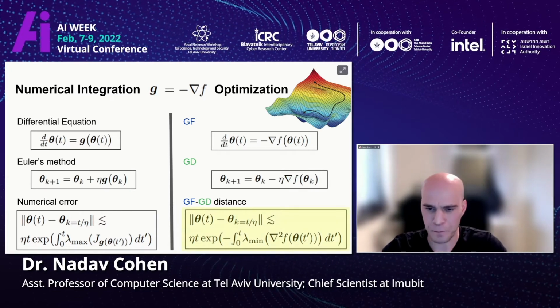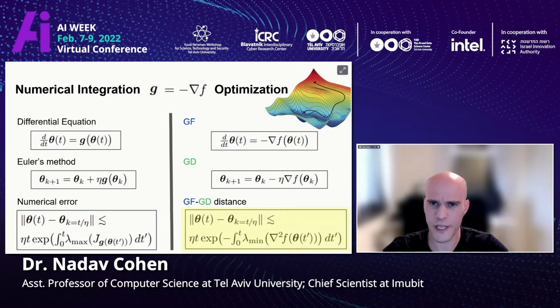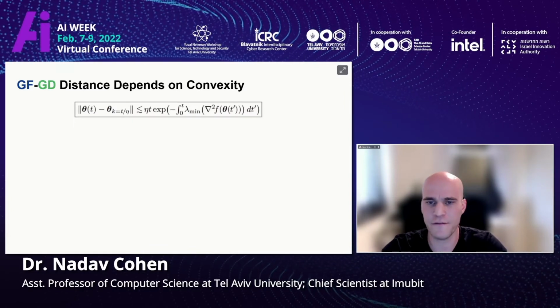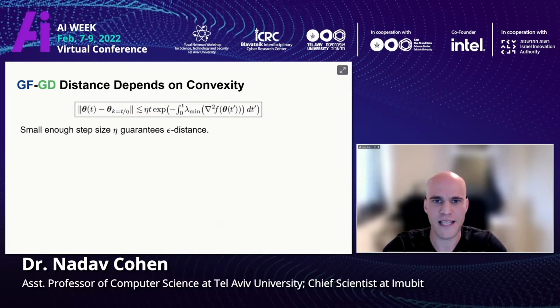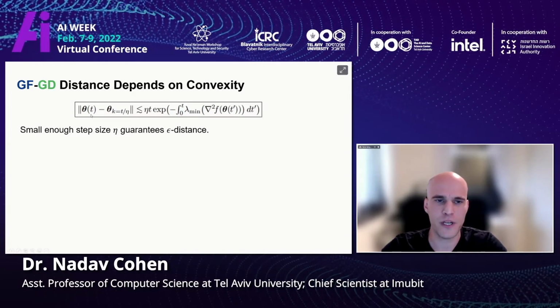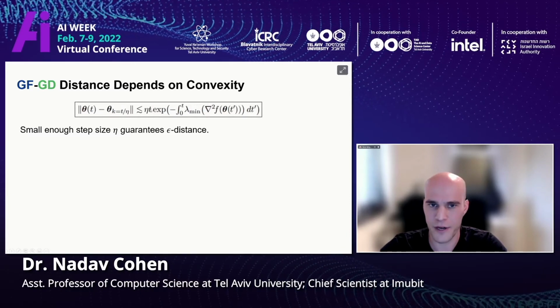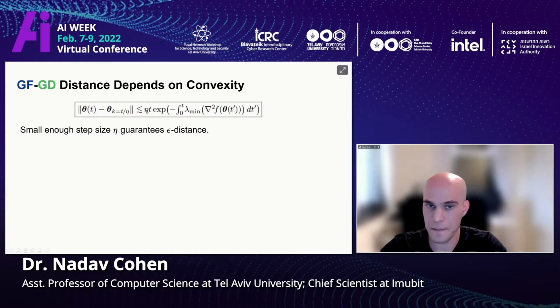This result is going to underlie our analysis. Before we get into deep neural networks, let's try and get some feel of what this result means. First thing to notice is that if I want the distance between gradient flow and gradient descent at time t to be no bigger than epsilon, I can choose a step size that will ensure it.